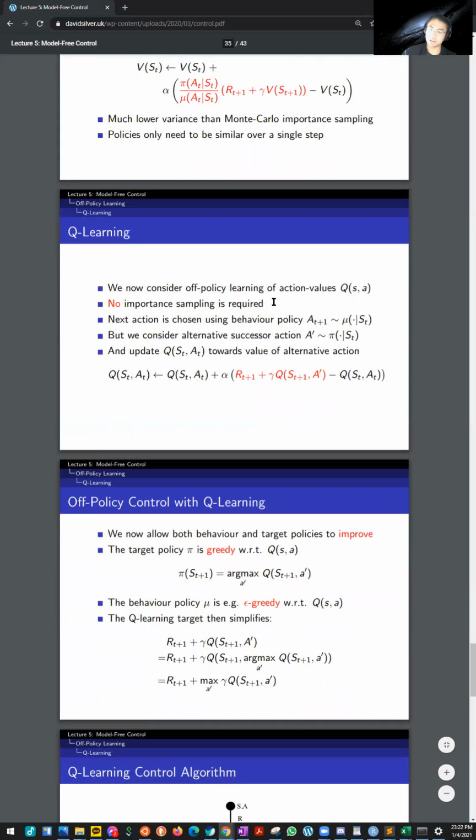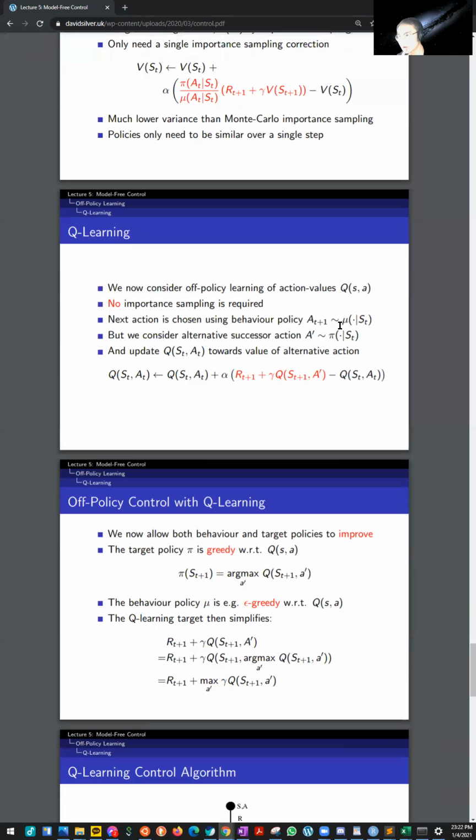So now we instead apply this whole thing to the action value function, the Q value. This is the most popular algorithm for off-policy learning, Q learning. And to re-emphasize, now we don't need such a thing as importance sampling.